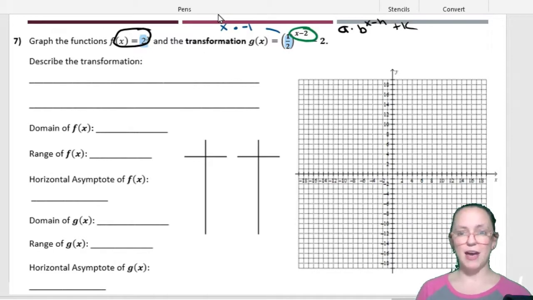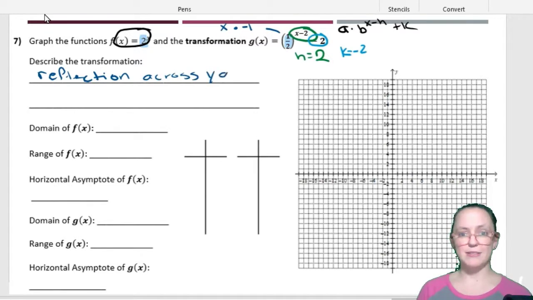So we're going to have our x minus 2 tells us our h. Our h is positive 2. And our k is this number here on the end, that minus 2. So our k is minus 2, which means we have our transformations of a reflection across the y-axis.